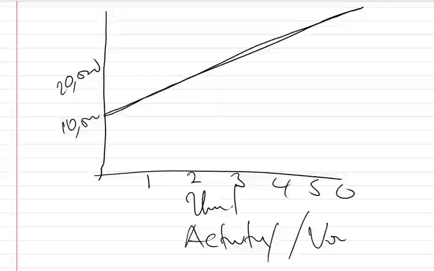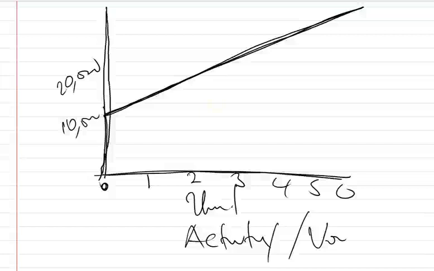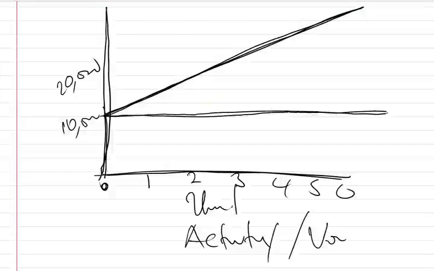It will not start at 0 when the activity is 0. It will start from a certain point. That's why this does not start from 0. It's a combination of variable and fixed cost. So the fixed element is here, where it's starting from, because that part will never change.